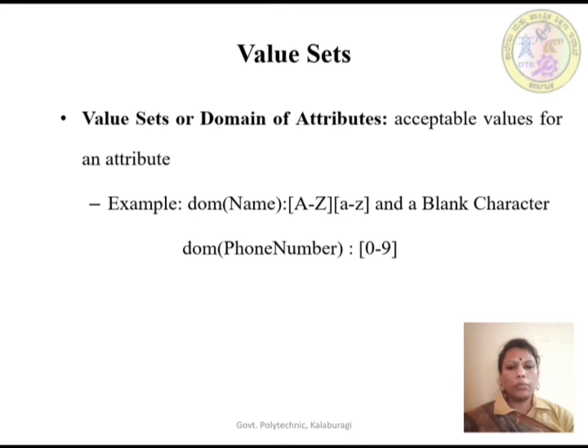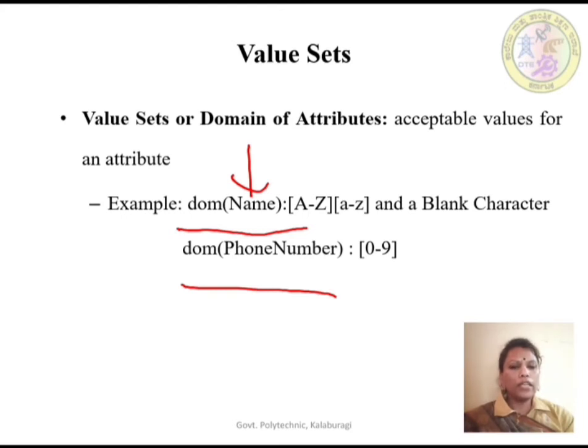We can represent this domain like this: DOM of, and here you need to mention the attribute. The domain of attribute name here is capital A to Z. You can use capital letters or small letters and a blank character. And for the domain of phone number, we cannot enter characters, right?